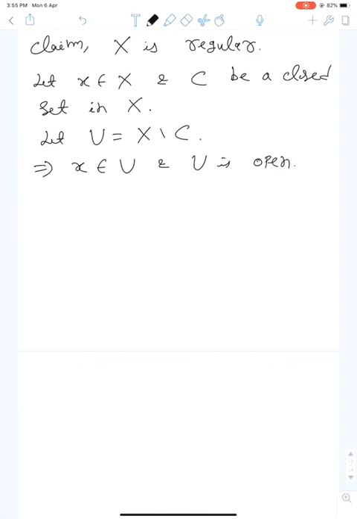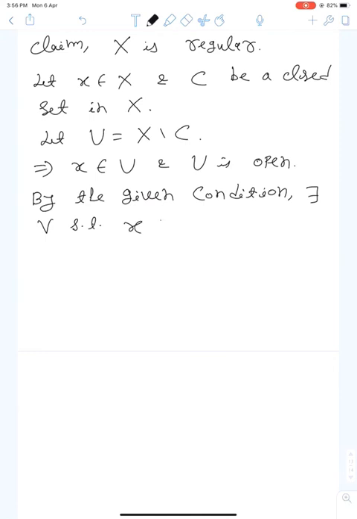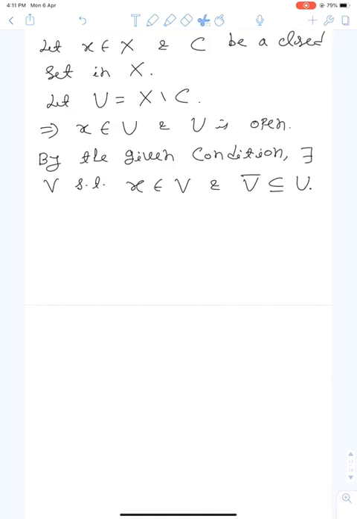Now by the given condition, there exists V such that x belongs to V and V closure is a subset of U. So now what is my C?